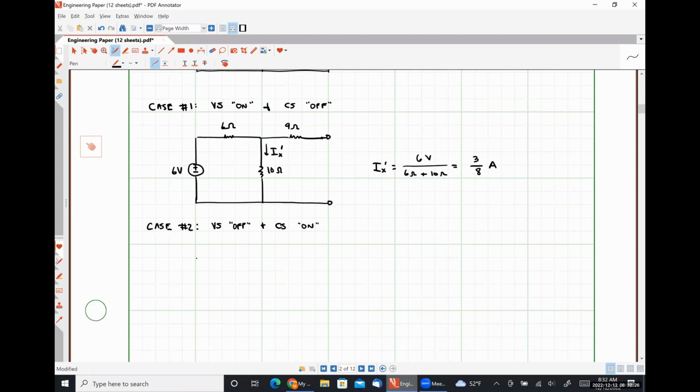Short it out. So my voltage source has been replaced with a wire. Here I have my 6 ohm resistor. Here I have my 10 ohm. I'm going to call this current Ix double prime because it's my second iteration of my superposition process.